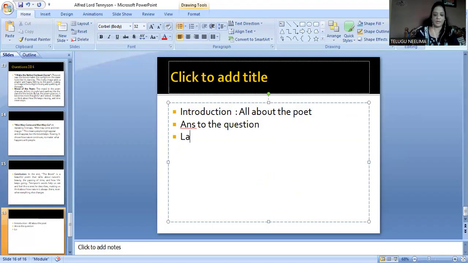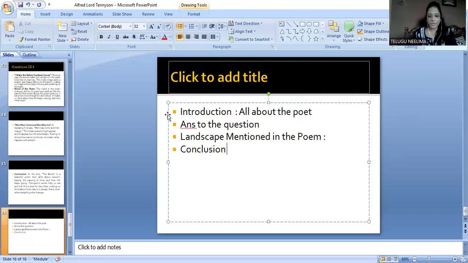Say, for example, landscape mentioned in the poem, and keep it as a side heading. And finally, the conclusion. Now, if you really write your answer like this, following this strategy, I really can promise you that you'll get good marks.